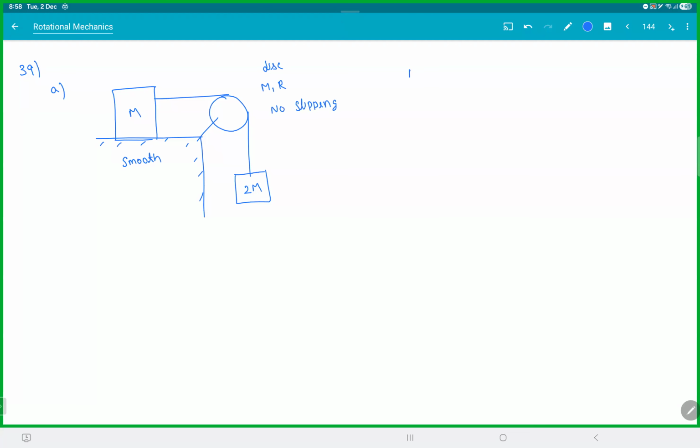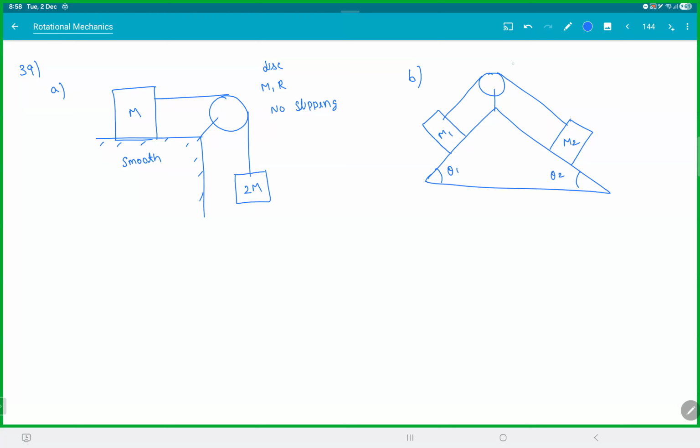Find the acceleration of the blocks. Yeah, let's get the acceleration of the blocks.